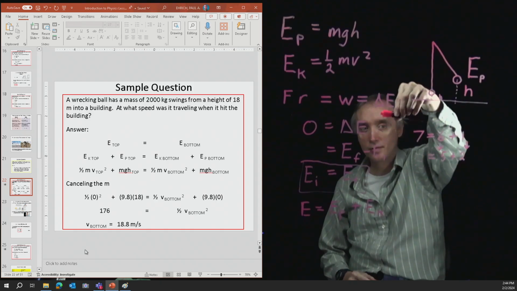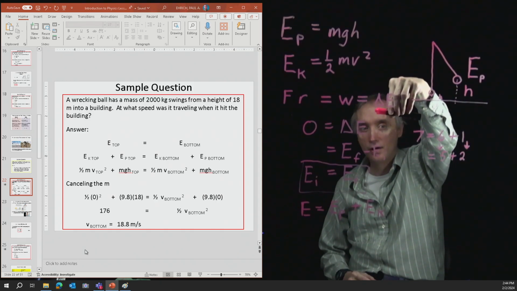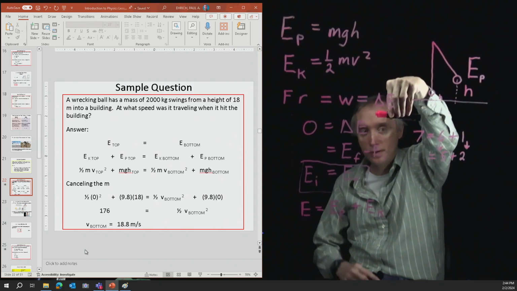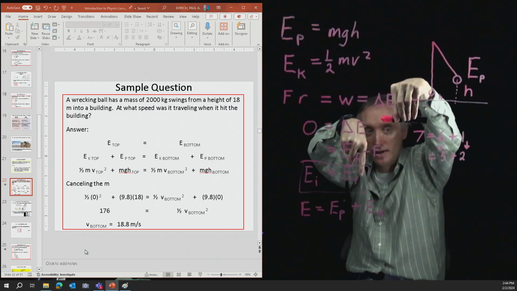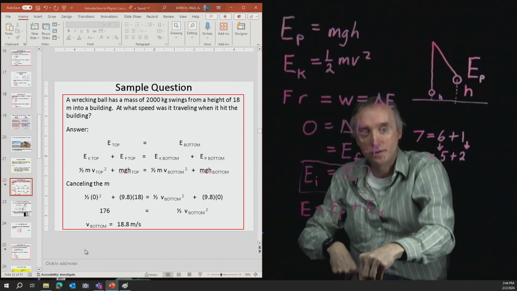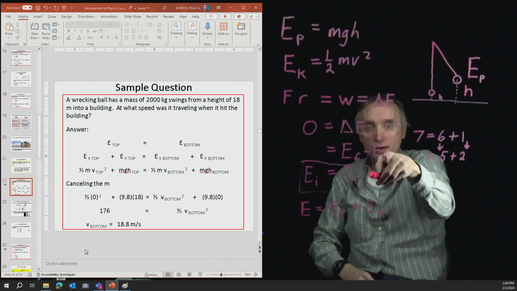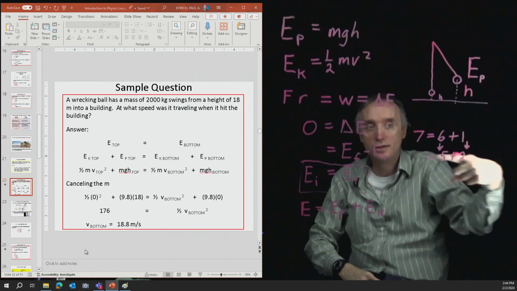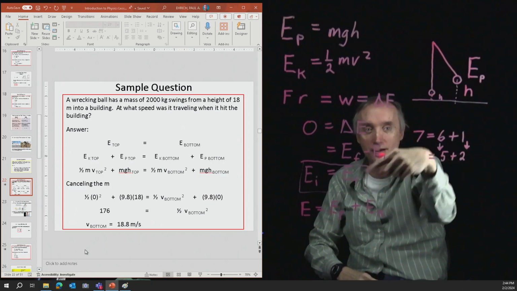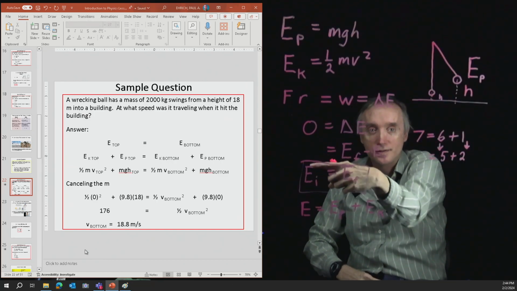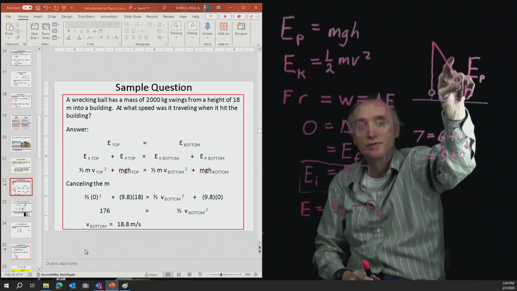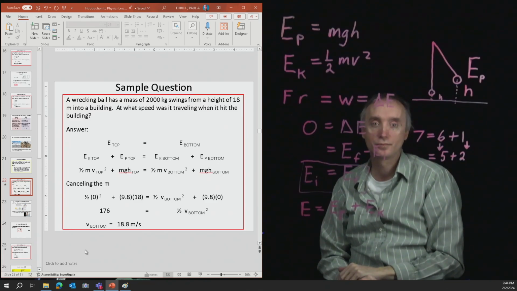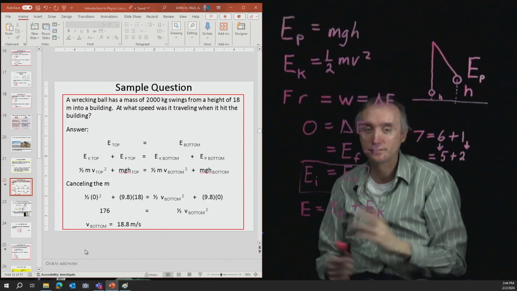If you took something from 18 meters and you let it go, its speed is going to be straight down when it hits the table. What happens in the wrecking ball? The speed is sideways because it's been turned into sideways motion because of the string up here. Pretty interesting, right? I hope so.